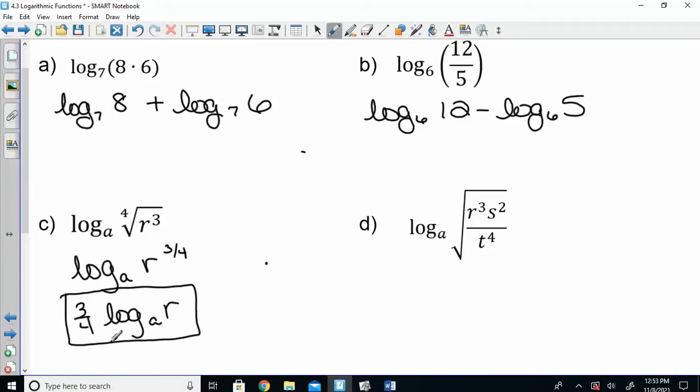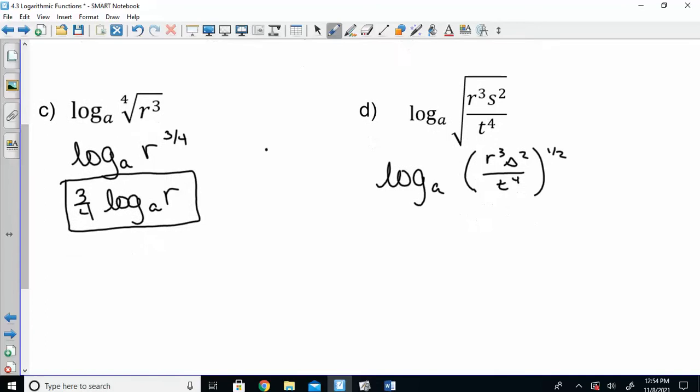D. We need to look at this one a little closer. All of this is under a square root. A square root is what power? So what I'm going to do is distribute that exponent.